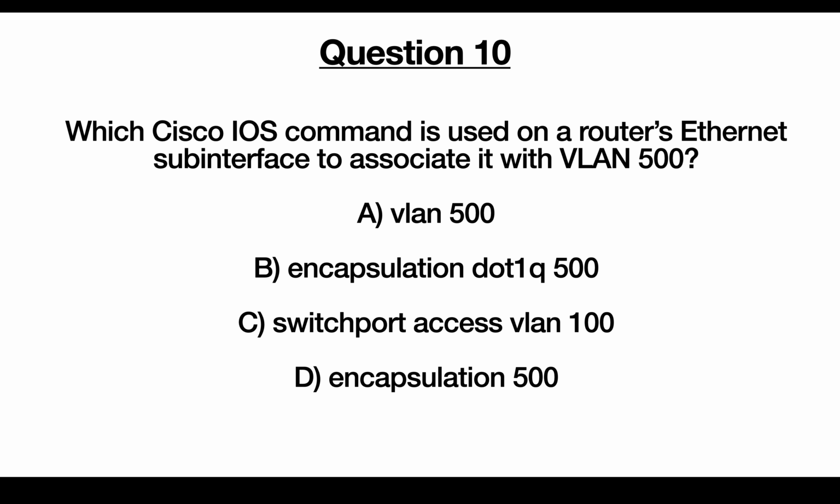Question number 10. Which IOS command is used on this router's Ethernet subinterface to associate it with VLAN 500? A, VLAN 500, B, encapsulation dot1Q 500, C, switchport access VLAN 100, D, encapsulation 500. So which IOS command is used on the router's Ethernet subinterface to associate it with VLAN 500?